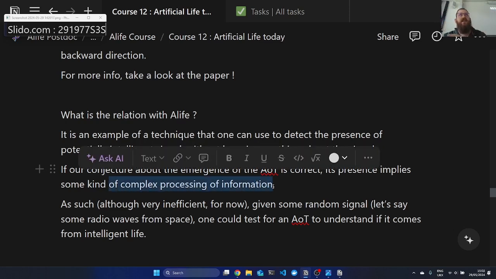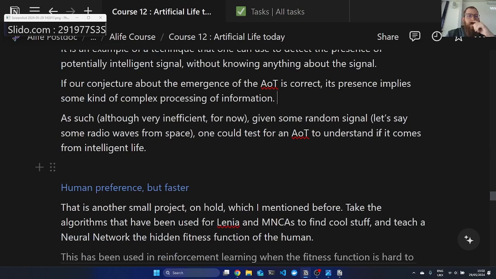This arrow of time is there because people use language to communicate ideas and so on. I'm not sure this is true, but it is one example. A kind of sci-fi application: you get some random radio signal from space, and you don't know if it's a natural signal, produced maybe by some star exploding, which might not look random but still not have any sign of intelligence inside it.